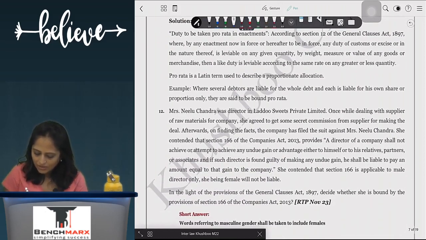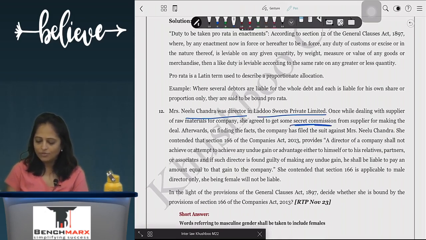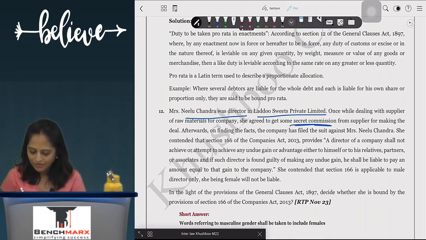Mrs. Neelu Chandra was director in Laddu Sweets Private Limited. Once, while dealing with supplier of raw material, she agreed to get some secret commission from supplier for making the deal. Afterwards, on finding the facts, the company has filed a suit against Mrs. Neelu Chandra.